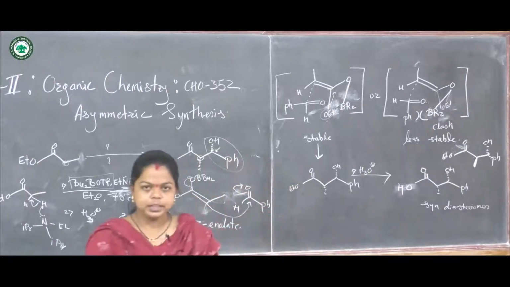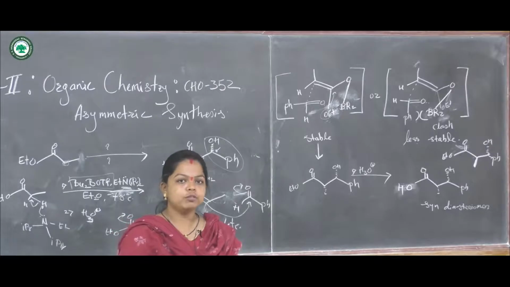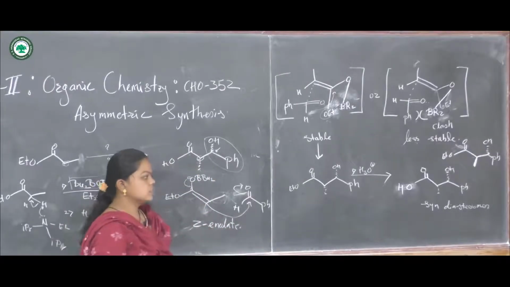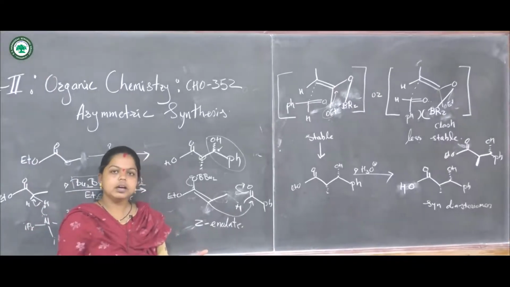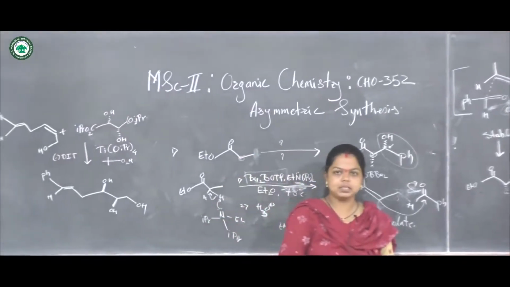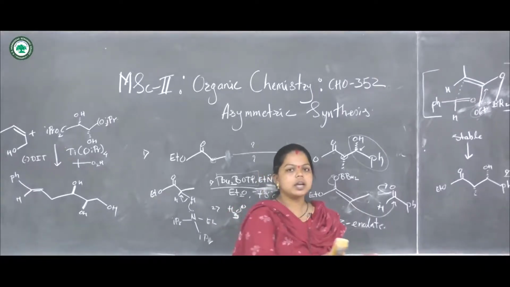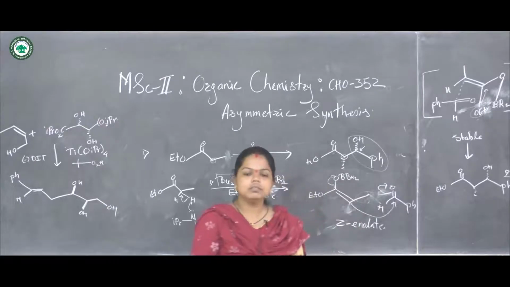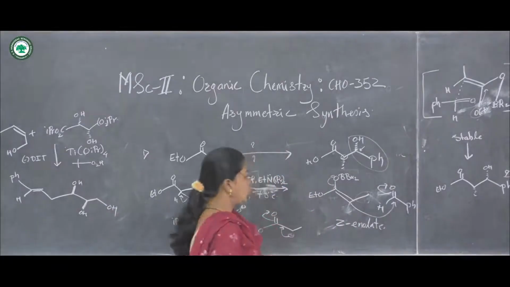We have to predict the stereochemistry as well as the mechanism for any product in the reaction. If we want to synthesize the anti-diol, we have to use a simple base. Any base we can use. We get some amount of the Z-enolate and some amount of the E-enolate, and from that E-enolate we can synthesize the corresponding anti-aldol product.